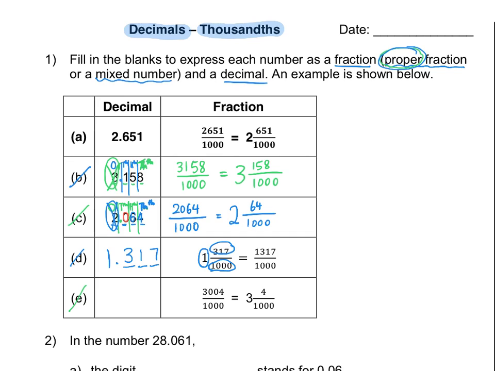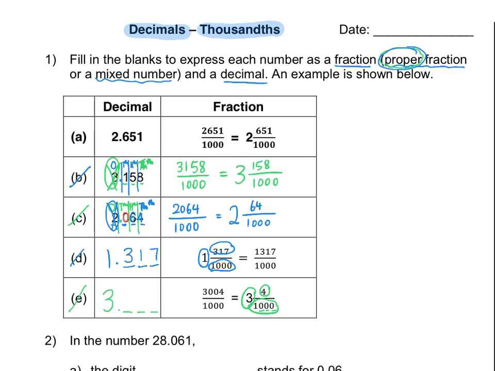Now let's go on to look at part E. Very simple. Same thing, we have the whole, that is 3 wholes, so it's 3 point something. We look at the denominator, it is out of 1,000. How many zeros are there? There are 3. Meaning, in the decimal, there should be up to 3 decimal places. Look at the number in the numerator. That is a 4.